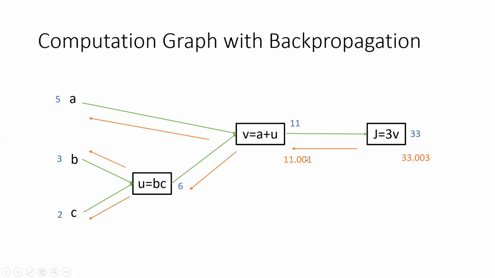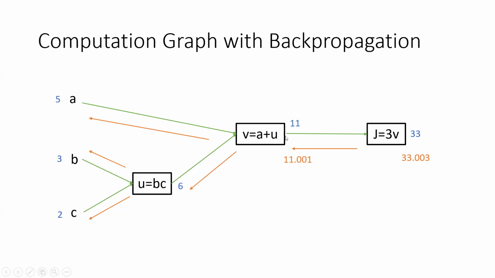Then we find what has happened to J. J is 3V, so when V becomes 11.001, J is 3 times 11.001, which is 33.003.